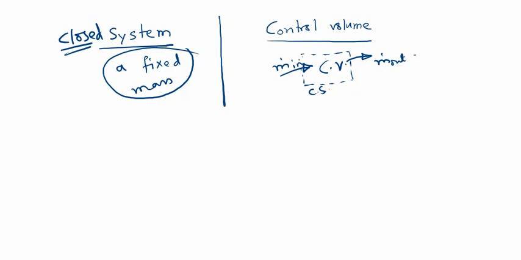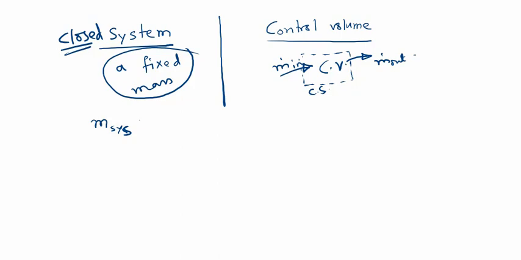Now all the fundamental laws that you know are basically defined for the closed system. Let us consider the conservation of mass. What is conservation of mass? The mass of the system is constant.